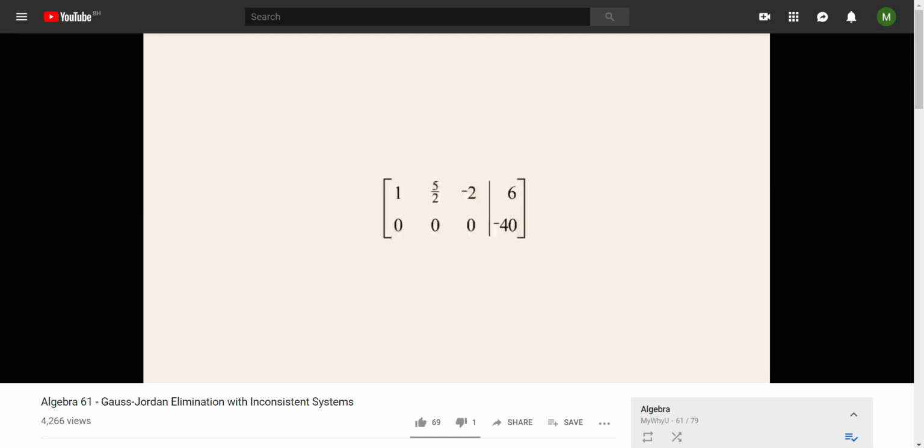Or if we like, we can continue the process of Gauss-Jordan elimination until the matrix is in reduced row echelon form. To do this, we must change the leading entry of row 2 to a 1 using a scale operation to multiply row 2 by -1/40.